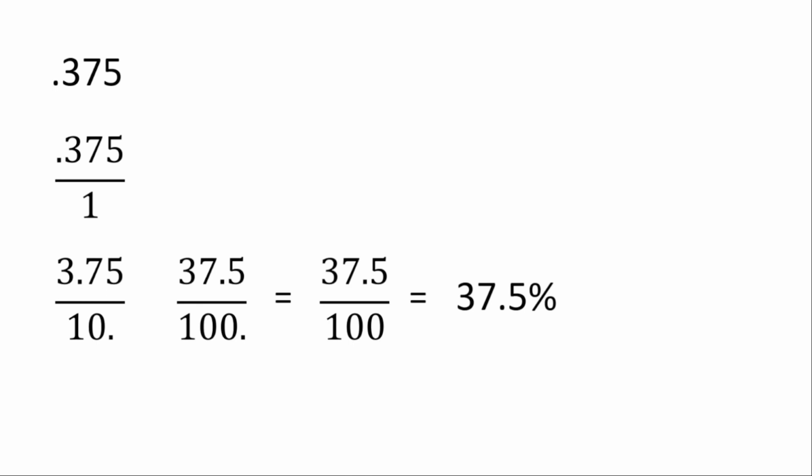So what we learn here is that 0.375 is equal to 37.5%. Well, this is how it works, but if we just simply go up to our decimal fraction and move the decimal 2 places to the right, we get the percentage, 37.5%.